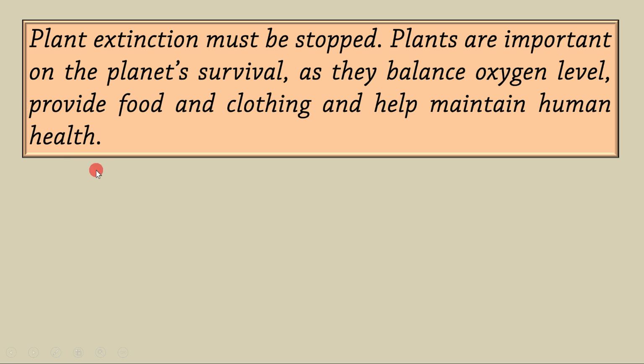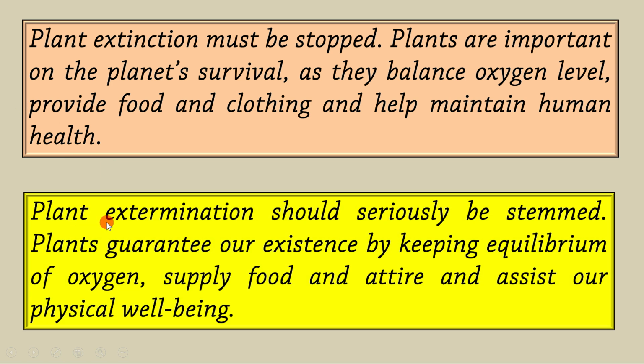Now you should re-explain it like this: plant extermination should seriously be stemmed. Plants guarantee our existence by keeping the equilibrium of oxygen, supplying food and attire, and assisting our physical well-being. You see, it is also carrying the same meaning but in different words. This is the first part of your conclusion.